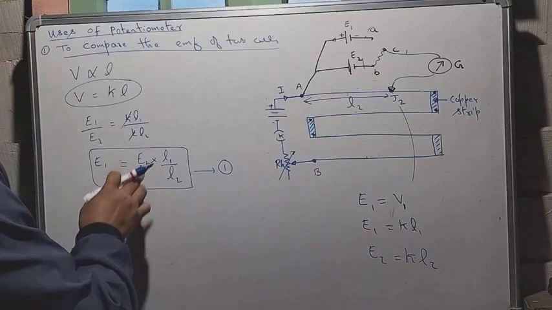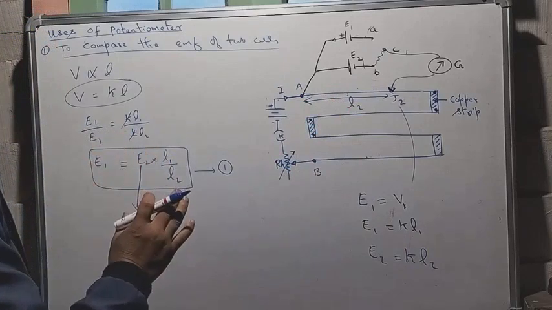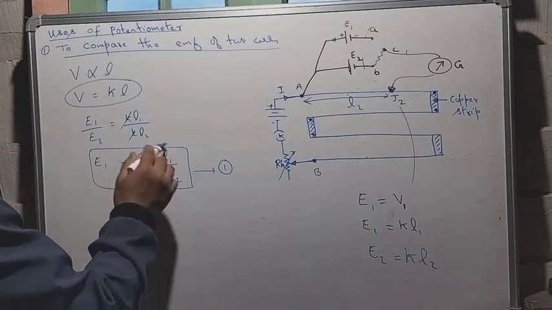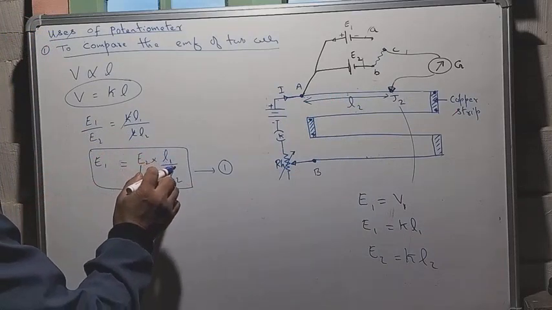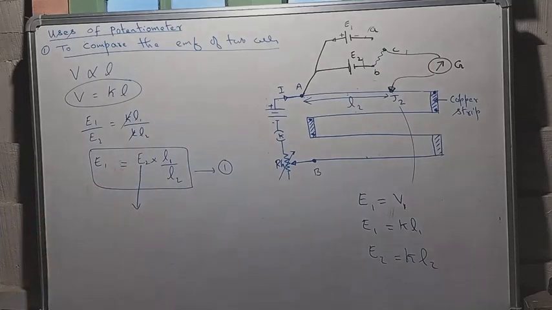Therefore, all the terms here, E2, L1, and L2, are known, so E1 can also be determined using this equation. This is how we use a potentiometer to compare the EMF of two cells, or to find the unknown EMF when one EMF is known. So this is about the comparison of EMF of two cells.